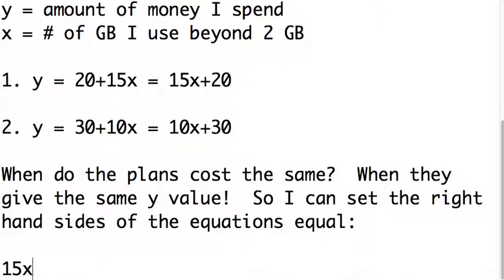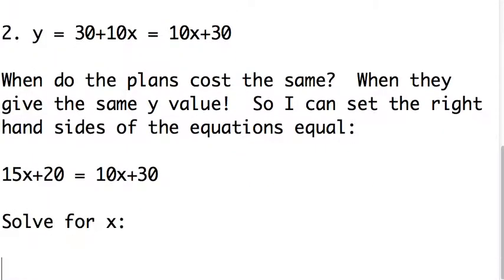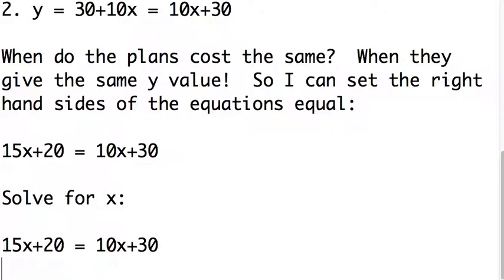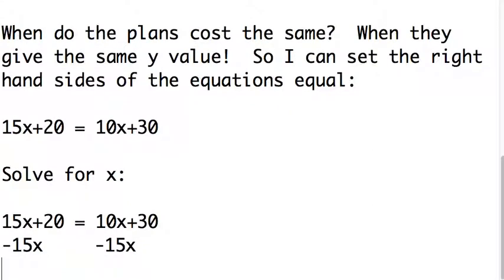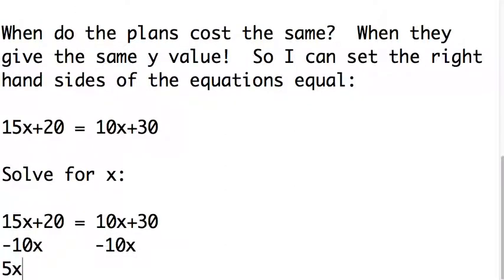So I've got 15x plus 20 is equal to 10x plus 30. And now let's just solve for x. I'll subtract 10x from both sides, and I end up with 5x plus 20 is equal to 30.